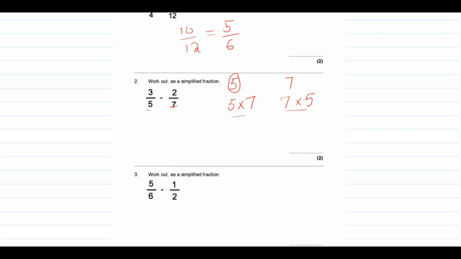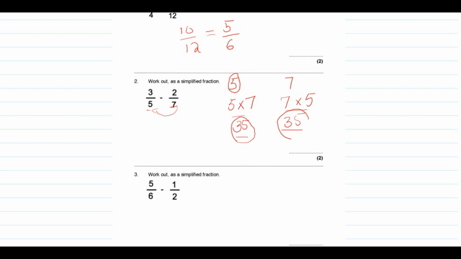Because the first fraction's bottom number is 5 and the second fraction's bottom number is 7, I am just multiplying them with each other. 5 times 7 and then 7 times 5. So 5 times 7 is going to give me 35. 7 times 5 is going to give you 35. So if you look here, we got the same denominators.